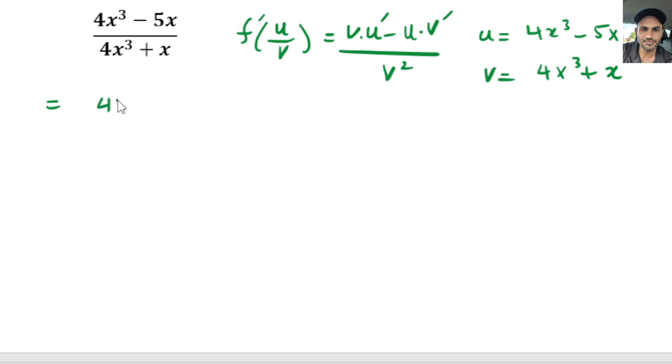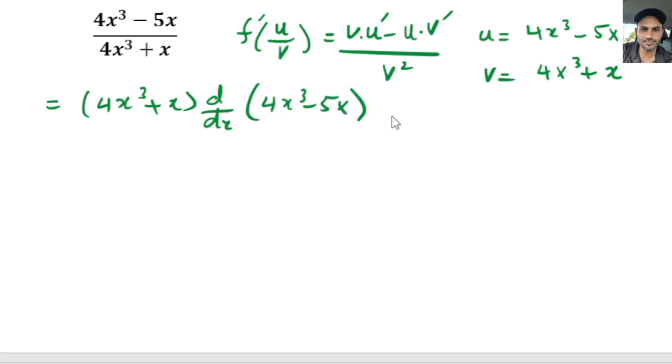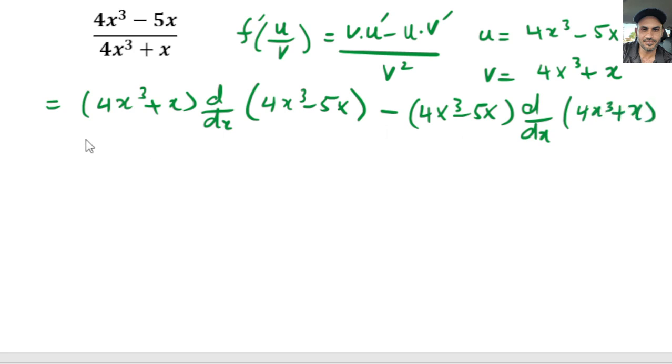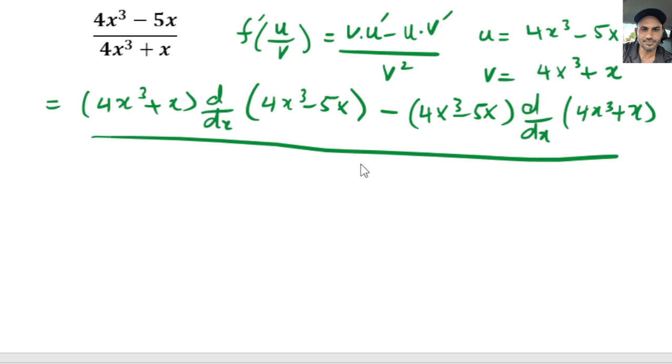First is v, 4x cubed plus x, and then the derivative of u, which is 4x cubed minus 5x, minus u, which is 4x cubed minus 5x, times the derivative of v, which is d over dx of 4x cubed plus x, and everything divided by v squared, which is 4x cubed plus x quantity squared.